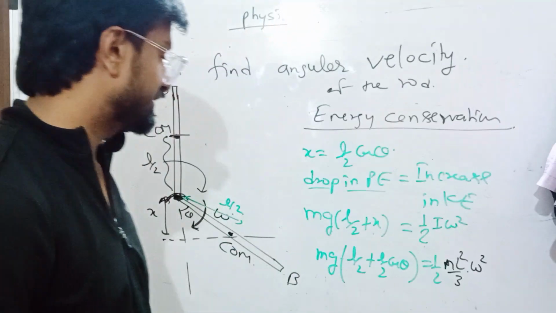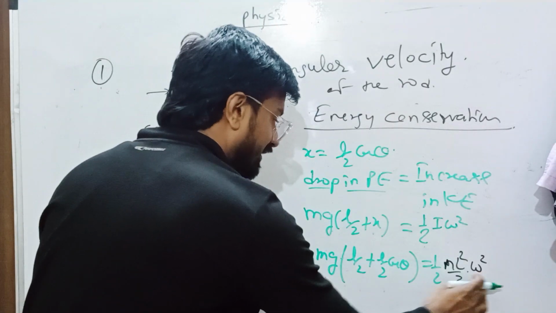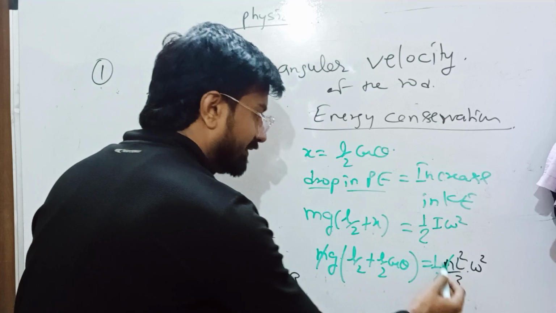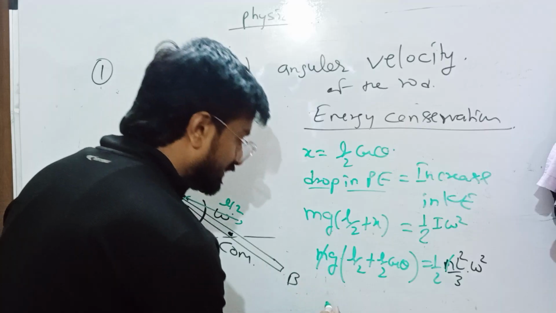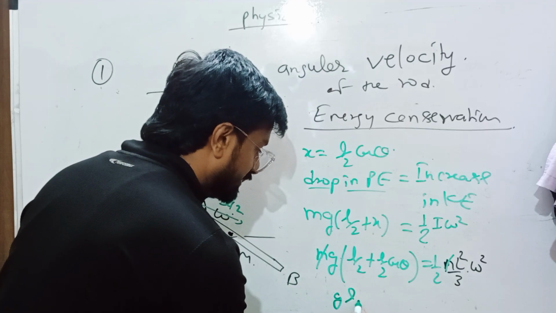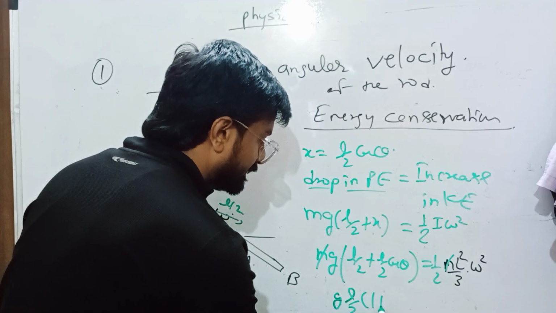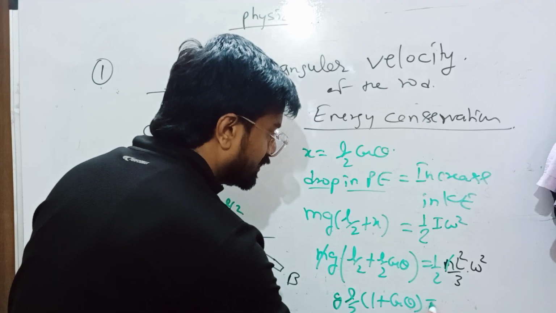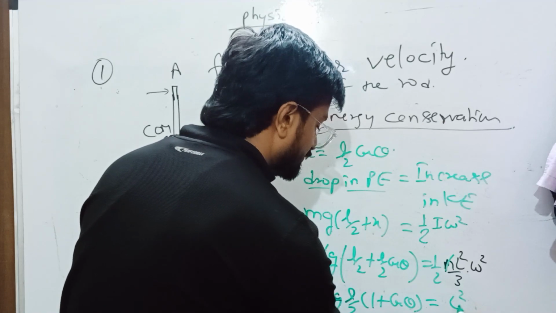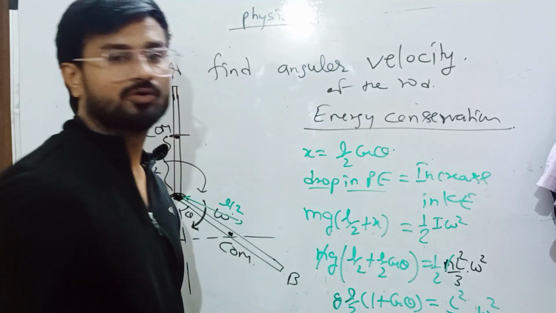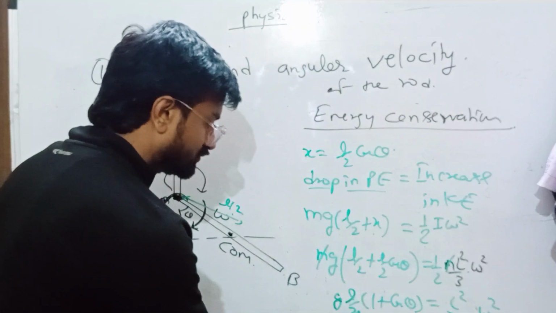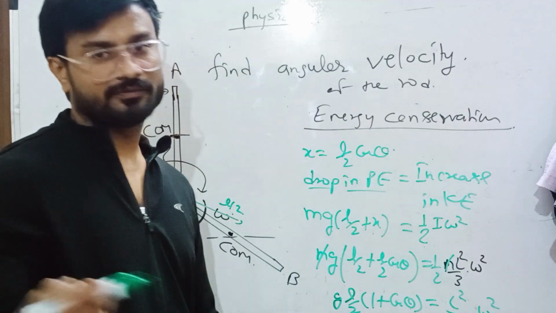Now we can calculate the omega. Here m and m will get cancelled out. Now you can take L by 2 outside. So g L by 2 (1 plus cos theta) must be equal to L square by 2 multiplied by 3 multiplied by omega square. So 2 will get cancelled out with the 2.